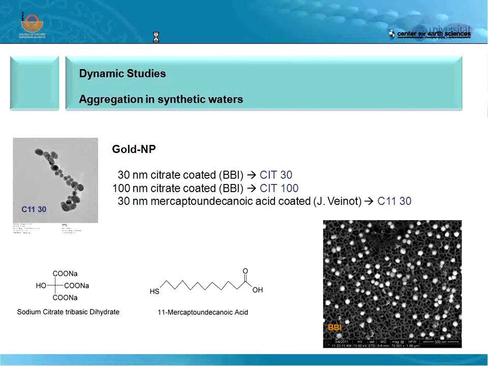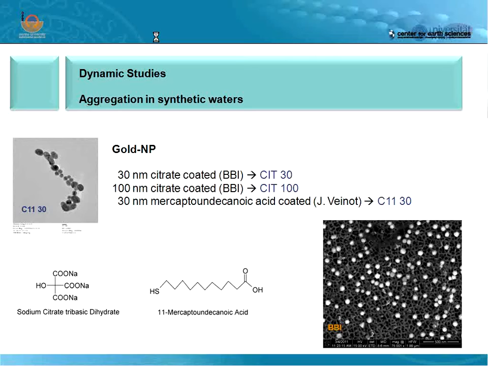So what we thought was, we were interested in doing also dynamic studies like aggregation rate constant determination, and we wanted to investigate the aggregation of different gold nanoparticles in synthetic waters. And we wanted to find out how the coating of these gold nanoparticles would influence the aggregation.